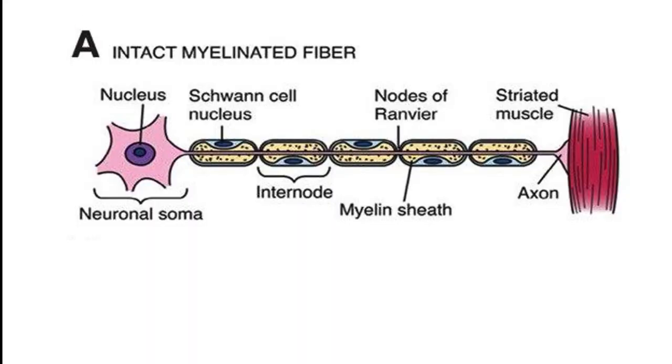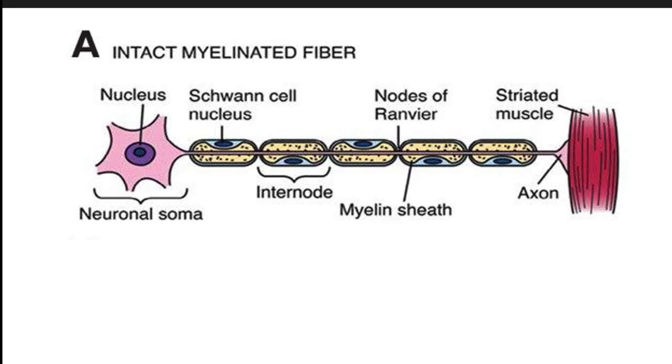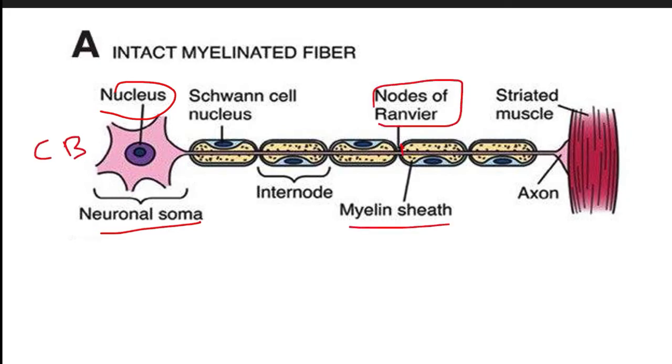Coming to the injury part, this is the normal nervous system, where you can see the nucleus and the neural stroma, which I already explained. This is a cell body, Schwann cells, and the node of Ranvier, in between the myelin sheaths, Schwann cells, and the internodes. This is the axon coming from the cell body, and it is a myelinated nerve.